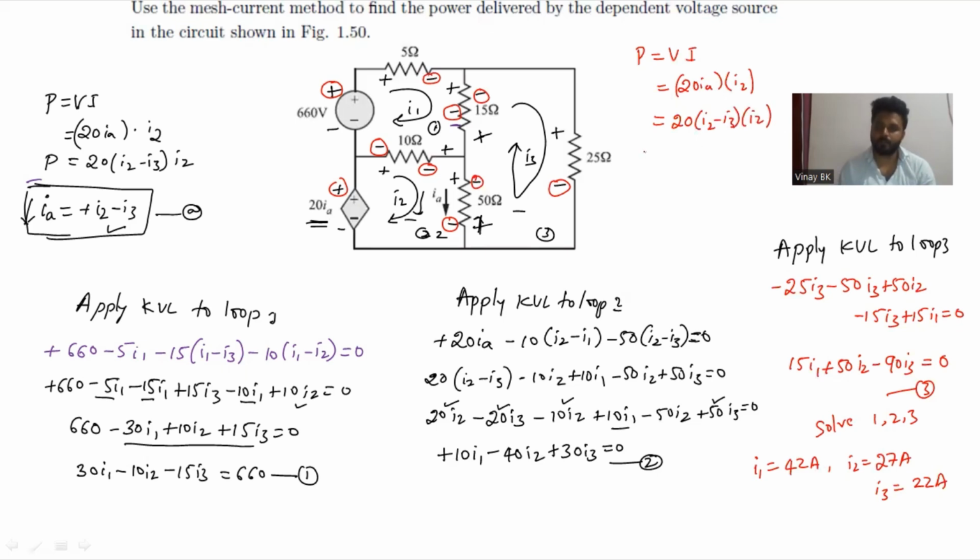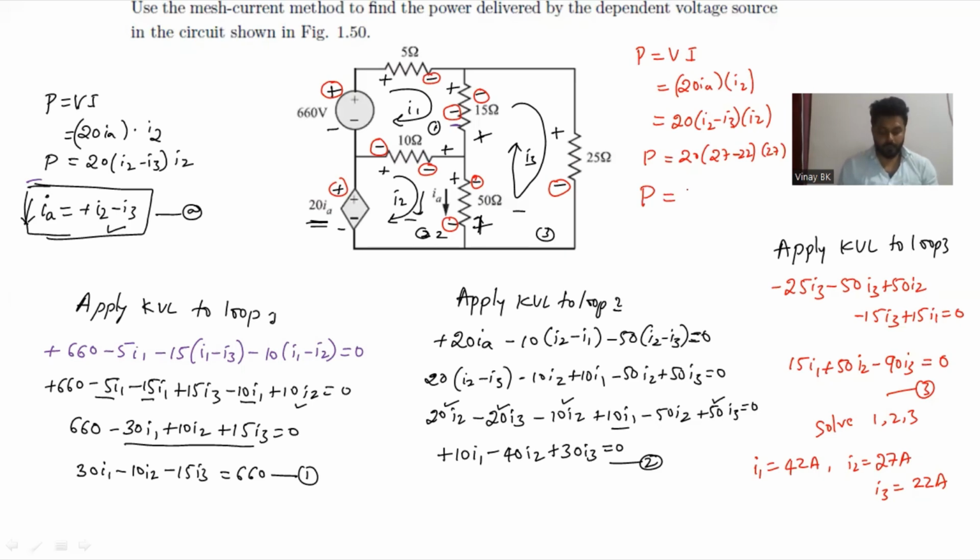Substituting the values, 20 into 27 minus 22, into I2, which is 27.